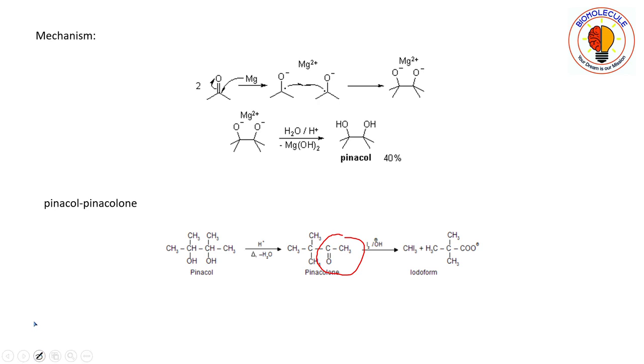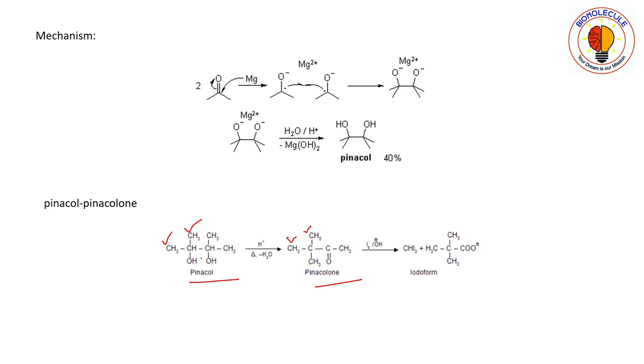So now you note what are the changes occurring in pinacol to pinacolone type rearrangement. If we look from the left hand side, two methyl groups are present.